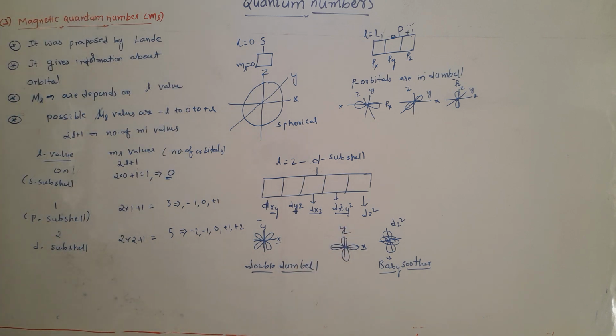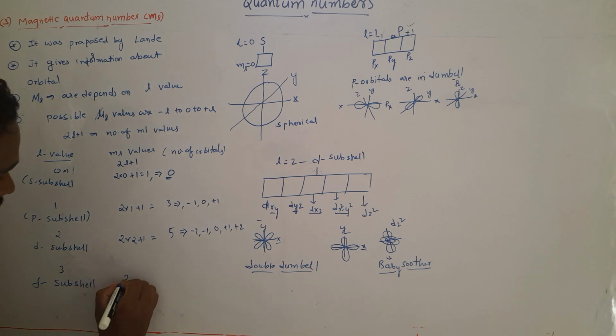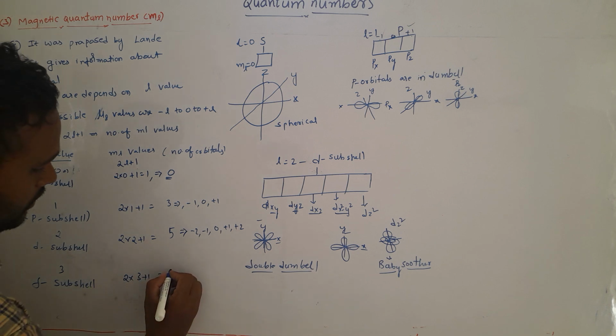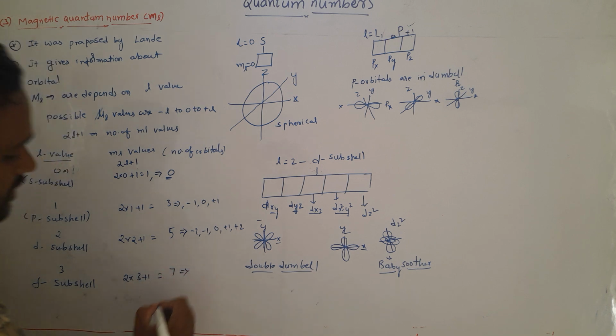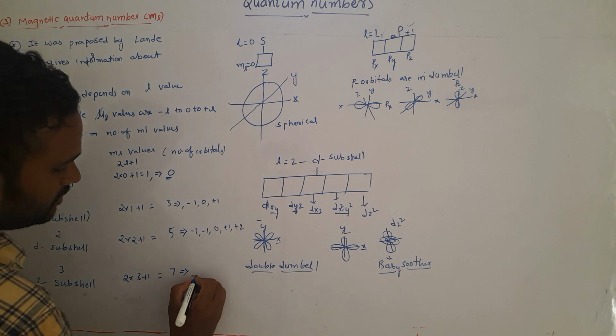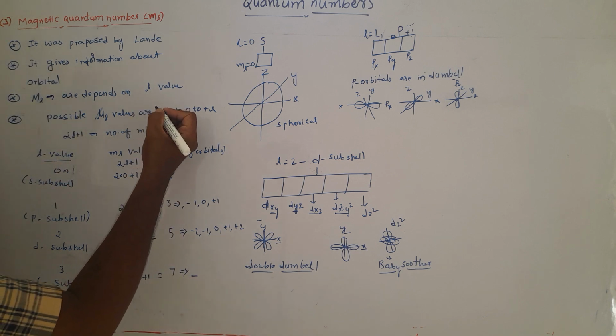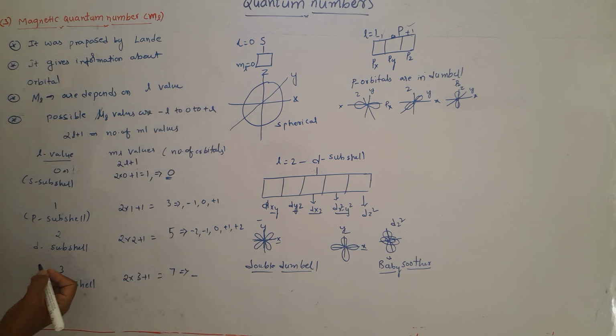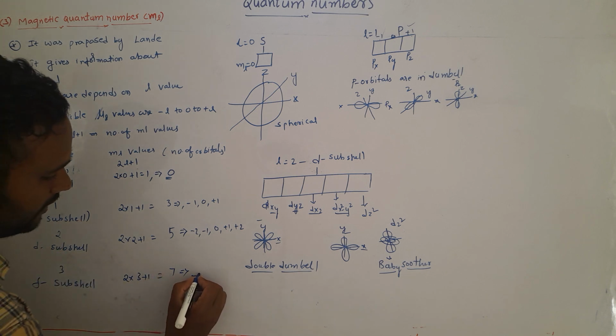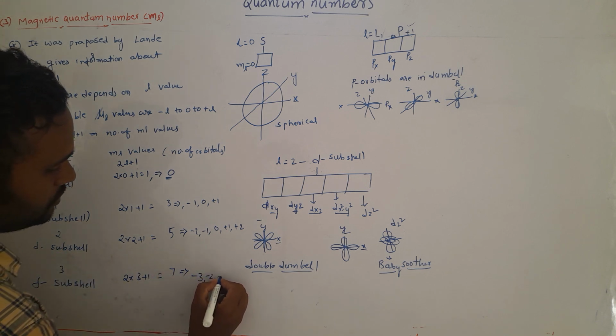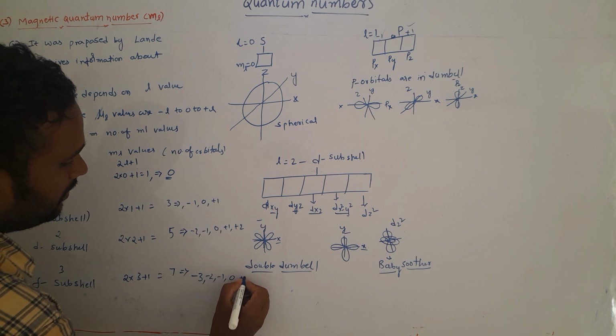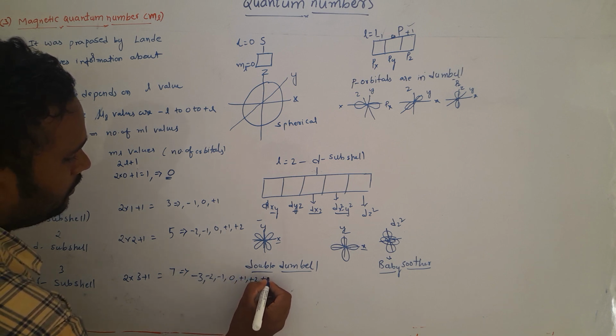Next, if l is equal to 3, that is the f subshell. So 2 into 3 plus 1 is equal to 7. 7 values are possible. What are those 7 values? We already know they go from minus l to 0, 0 to plus l. So l equal to 3 means we start with minus 3, minus 2, minus 1, 0, plus 1, plus 2 and plus 3.